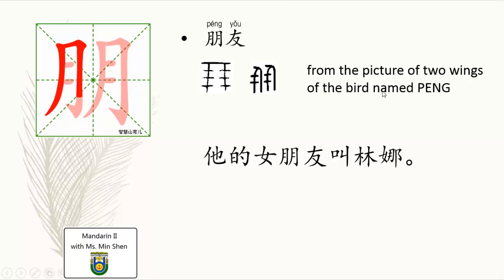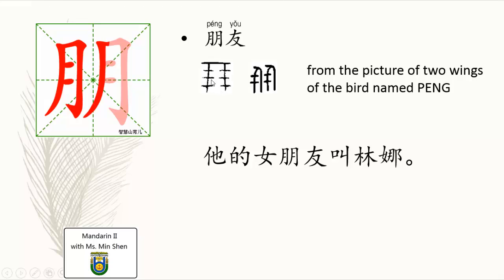The bird in Chinese folklore, the name of the bird is peng. And double means it has a pair of big wings. So it's more like flesh and flesh, two pieces. And because when we mention friends, we also say 朋友, the bird of peng, in today's character for the bird of peng, there is another character that has developed.